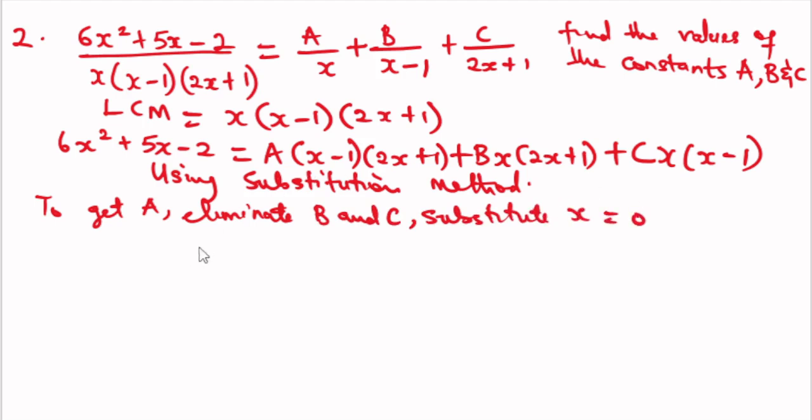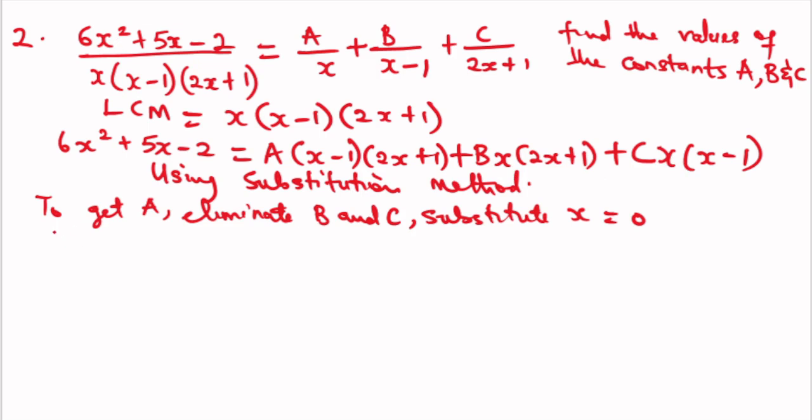Now to get a, I will eliminate b and c by substituting x to be 0, because if I put 0 here, which is b times 0, it will give us 0 for every value here. And if I put 0 in c, it will be c times 0, which will give us 0, and it will eliminate every variable here. So this is correct.